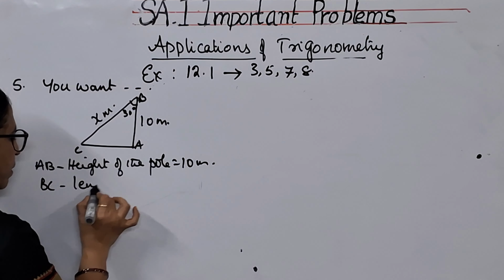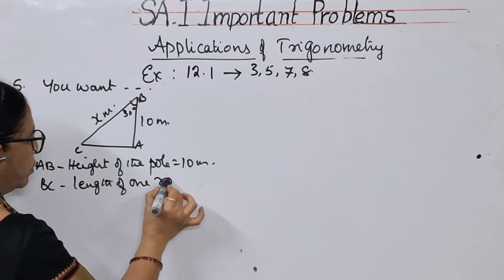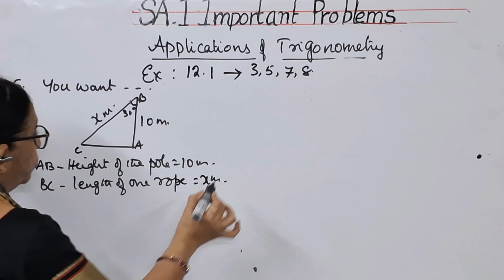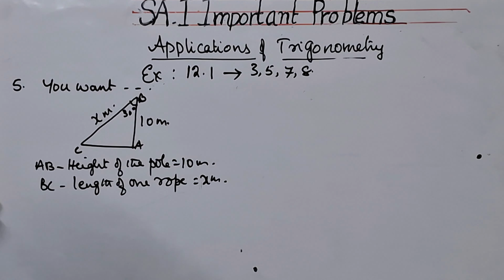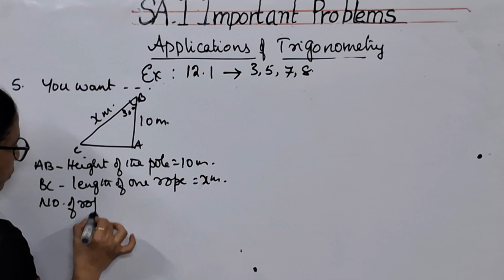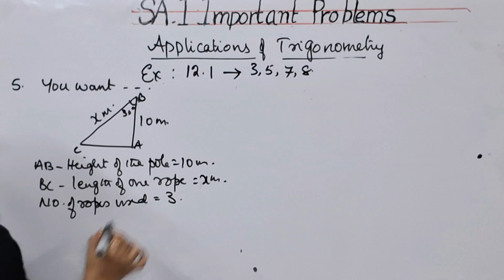BC is the length of one rope, that is X meters. How many ropes have they used? Number of ropes used is equal to 3.